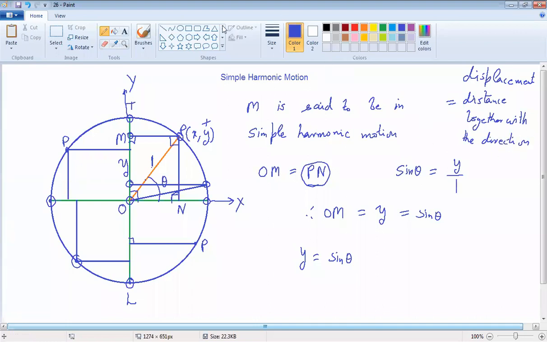This is distance together with the direction, which means for the upward direction it has got positive sign, and for the downward direction it has got the negative sign.